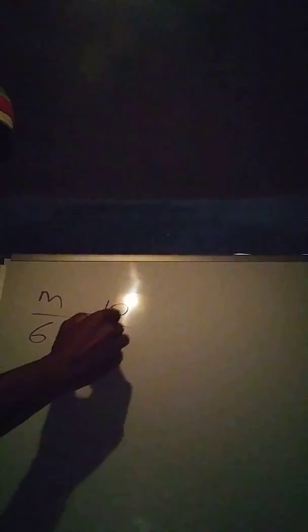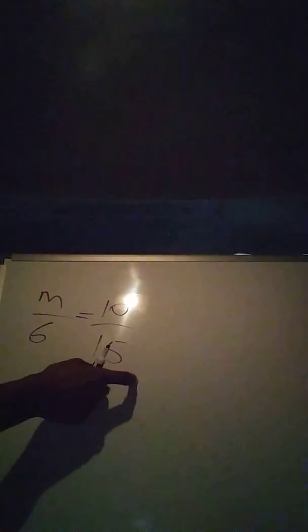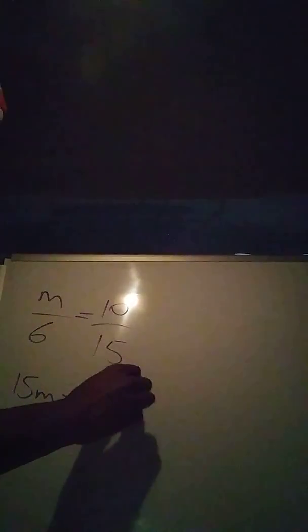For example, you might have something like m over 6 equals 10 over 15, right? So the way we do this, or one way we can do this, is we multiply the top left by the bottom right, and that equals the bottom left times the top right, okay? So we're going to have now 15m equals 6 times 10, right?